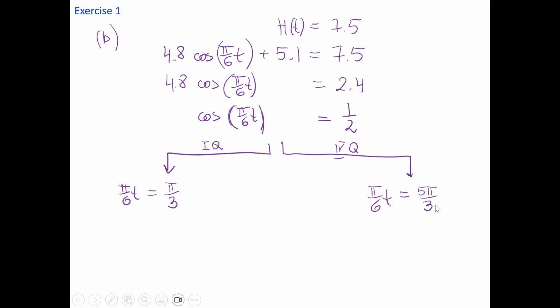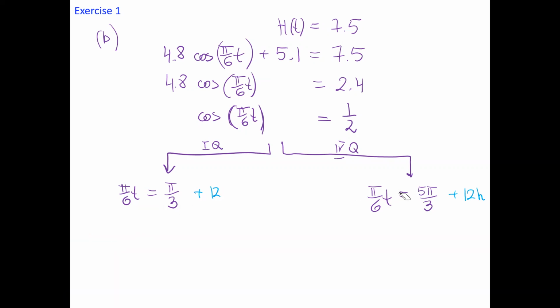I can also use negative pi over 3. That will still be fine. And we also know that everything repeats, plus 12 hours times n, which means 12n.